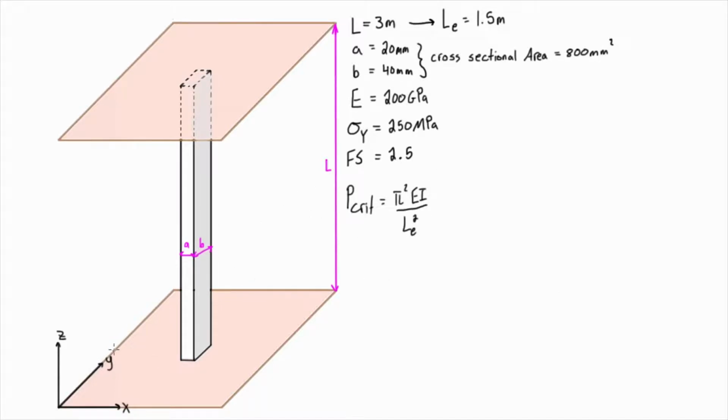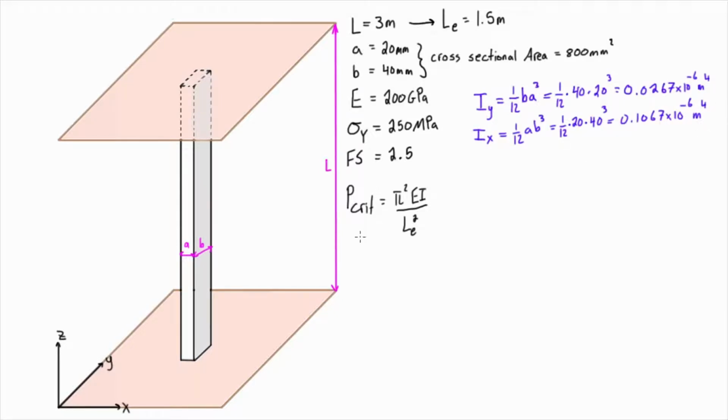So for buckling in the YZ plane, just like the last video, we need to find the moment of inertia about the y-axis. And then for buckling in the XZ plane, we need to find the moment of inertia about the x-axis. We did calculate those in the last video, so I'll just write them right here, and then we want to use each of these when we calculate for buckling in each of the planes.